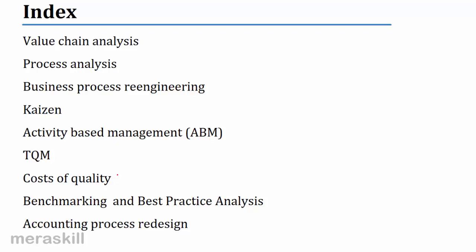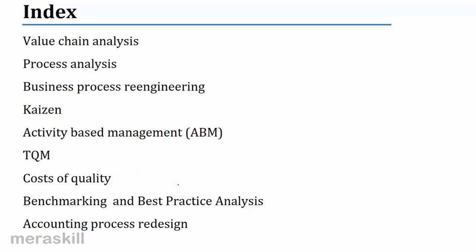Usually, if you don't maintain quality, the cost that you incur will exceed the cost that you would incur if you maintained quality. This again is interesting. This is what we'll discuss in costs of quality.